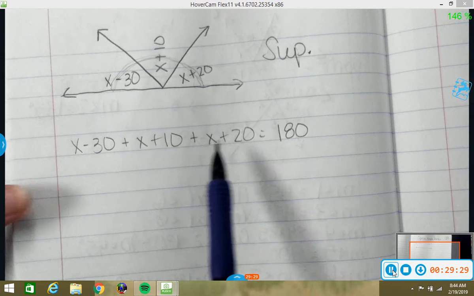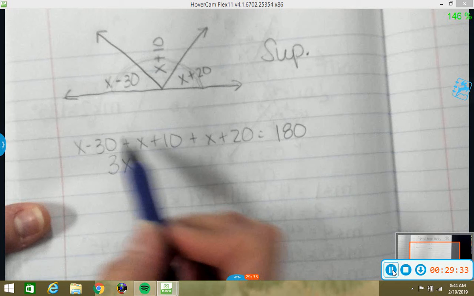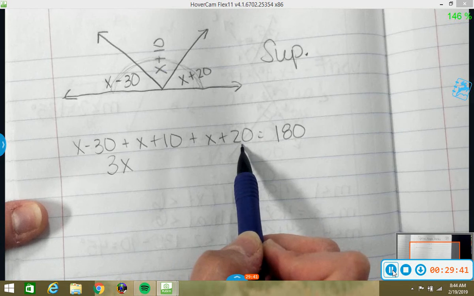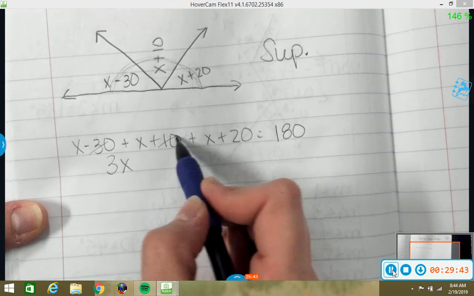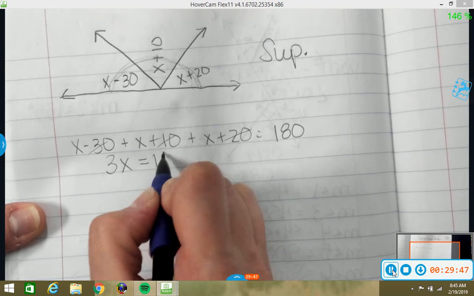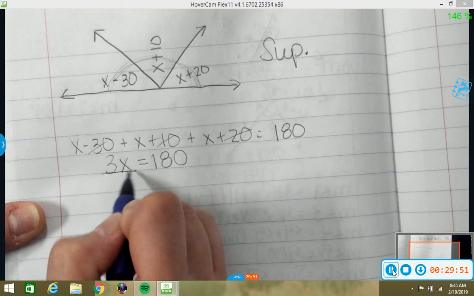How many does that make? 3x. We have negative 30 plus 10. Negative 20. Negative 20 plus 20 is 0. So these kind of just cancel each other out, right? Yeah. So I just have 3x equals 180. What do I do now?